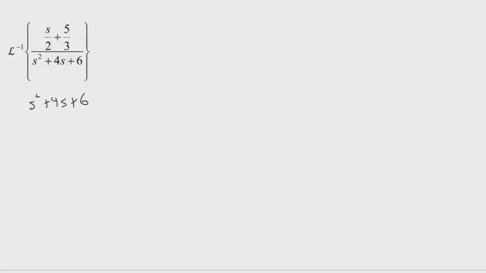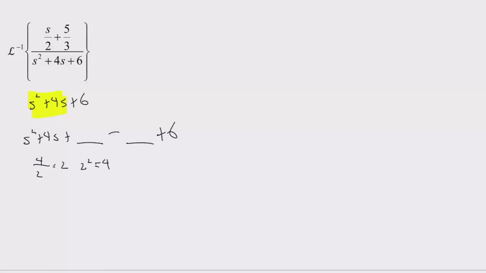I want to focus my completing the square on just these first two terms. So if I take s squared plus 4s, I'm going to figure out some magic number that I'm going to add and then subtract, and then I have that 6 I want to take into account. Completing the square says look at the coefficient of the 4s, so that's the 4. 4 divided by 2 is 2, then 2 squared is 4.